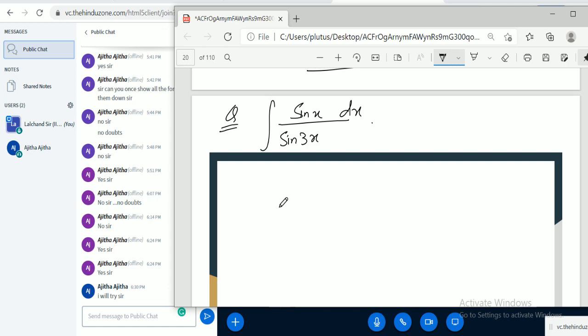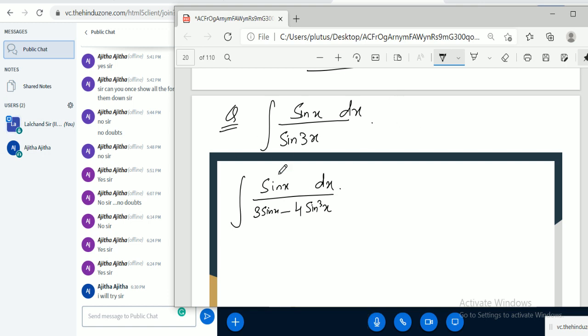Okay, so what we need to do is substitute the value of sin 3x in the denominator. So what is the value of sin 3x? It is 3 sin x minus 4 sin cube x.